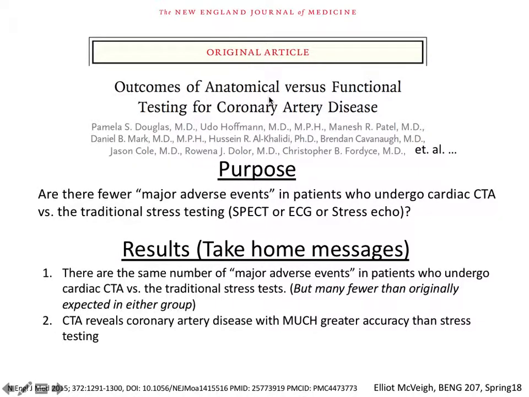Anatomical means we have a very precise picture of the coronary artery, with something like CTA, coronary CT, as we saw in that slide in the nuclear medicine part. We can see those lesions quite accurately and with great sensitivity. So is it beneficial to find those lesions?